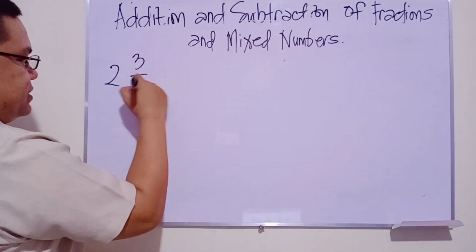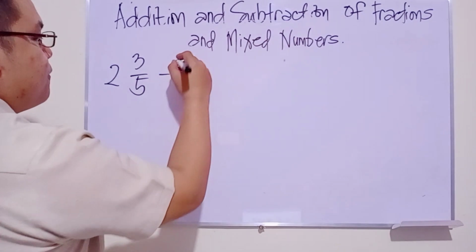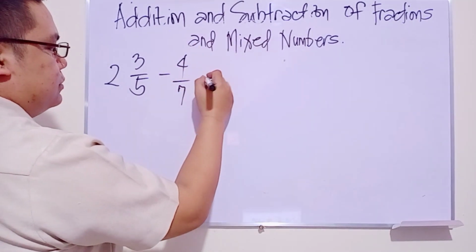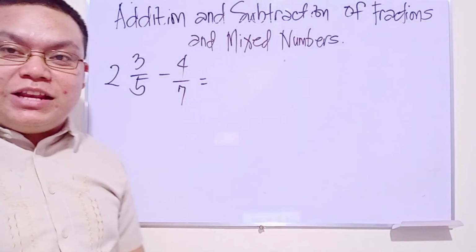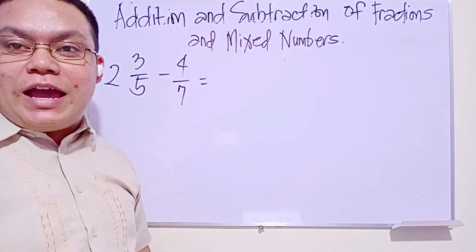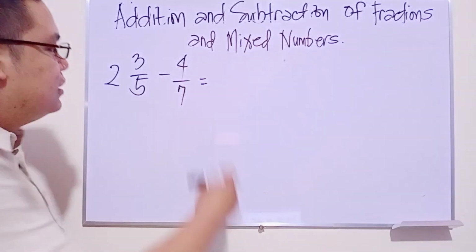2 and 3 fifths minus 4 over 7. As you can see, magkaiba yung kanilang denominator. So we're going to get the LCD of the two fractions.